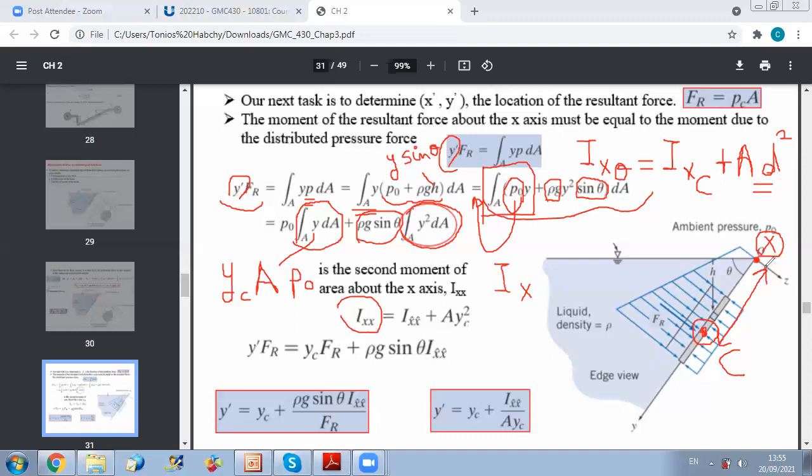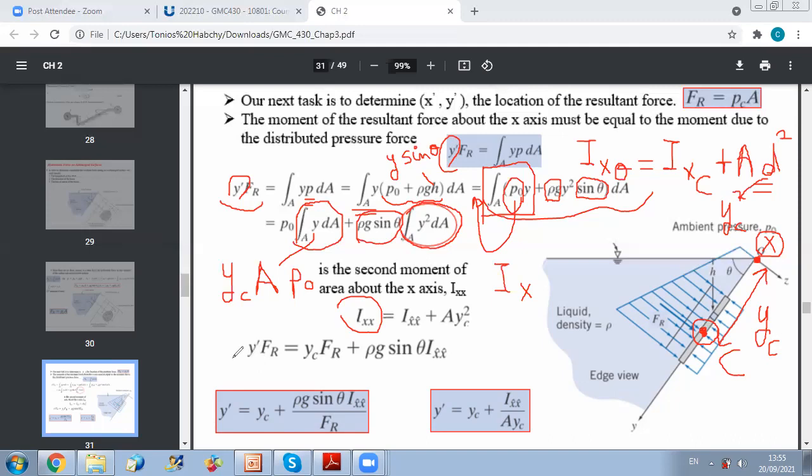And here, since I'm considering the distance between the x-axis passing by O and the x-axis passing by C, this distance is yC, which is the coordinate of the centroid. So I can replace d by yC. So I will get the following. If I replace back in my formula, I will obtain a very interesting result.